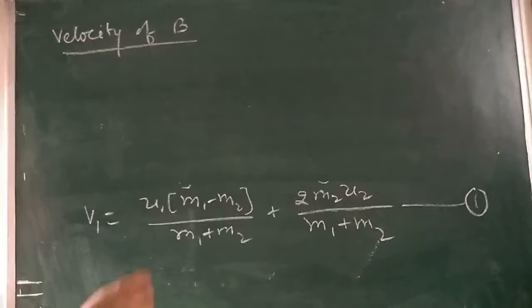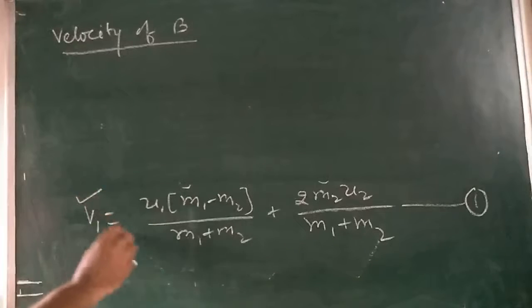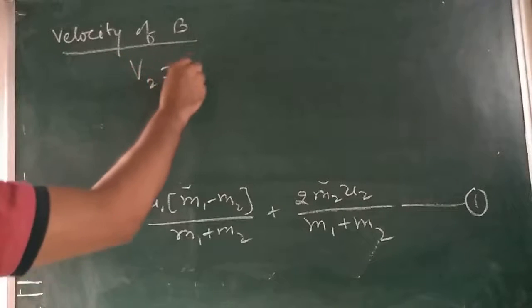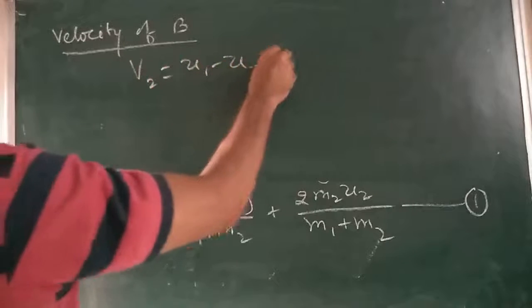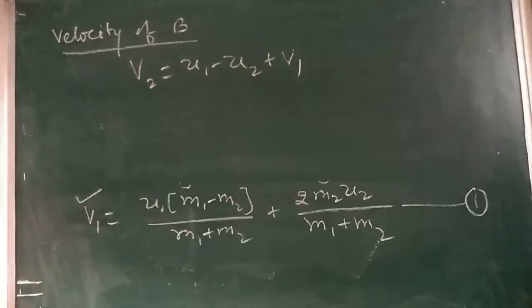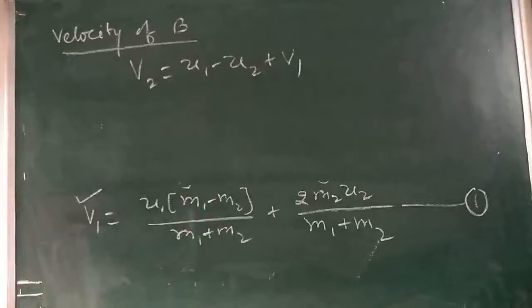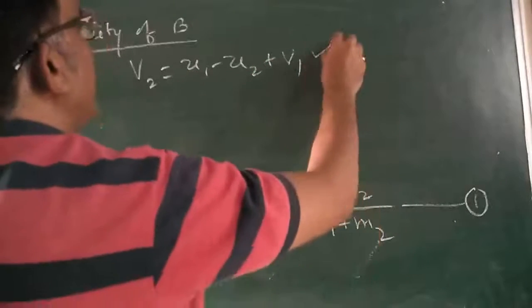Put this value that you calculated here, equation 1, into our earlier equation that we have seen just now, v2 is equal to u1 minus u2 plus v1. Put the value of equation 1 in this equation.